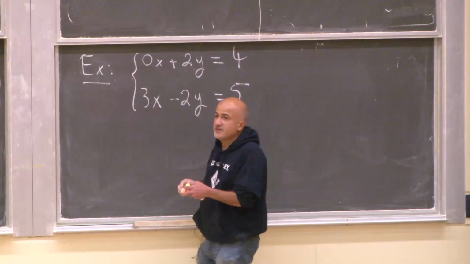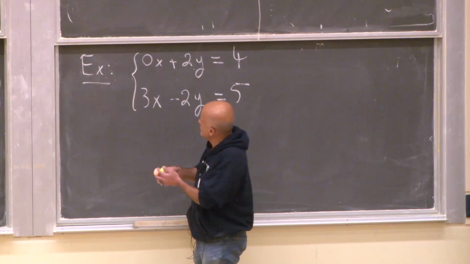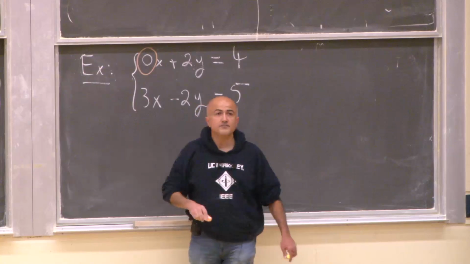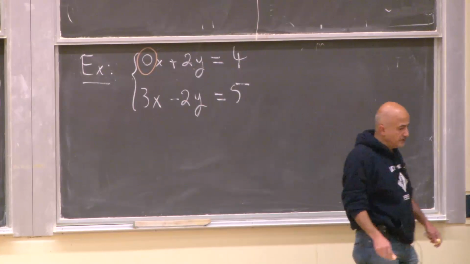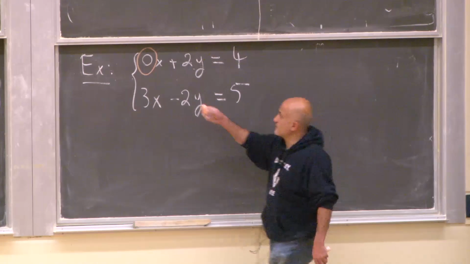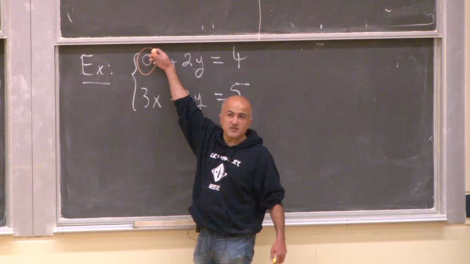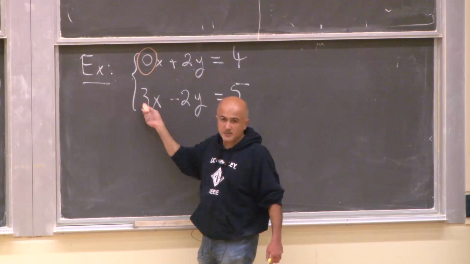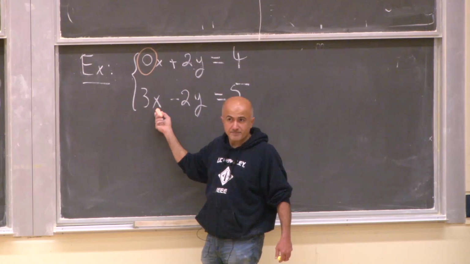Notice, here I have a pivot that's 0, a main diagonal coefficient that's 0. So I certainly can't subtract any multiple of the first equation from the next equation to zero out the x. Right?